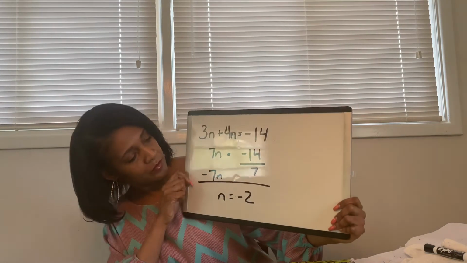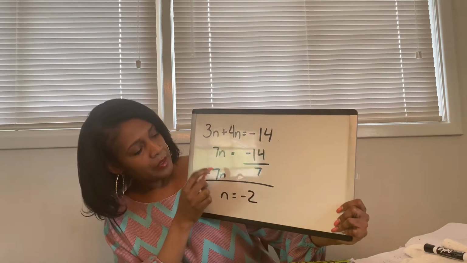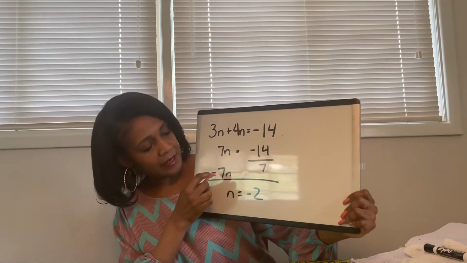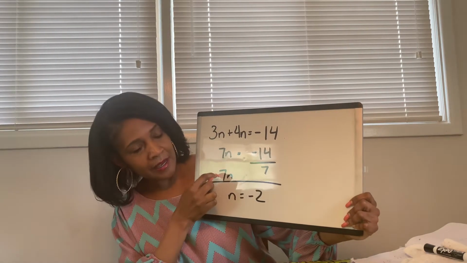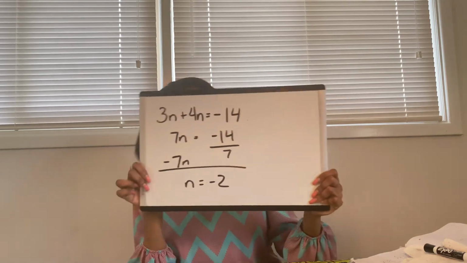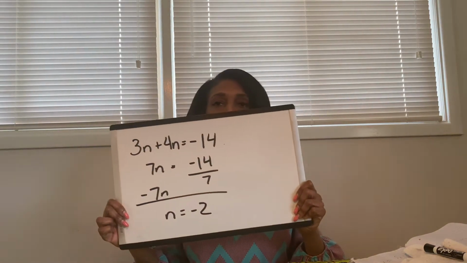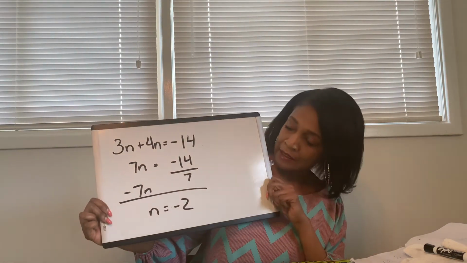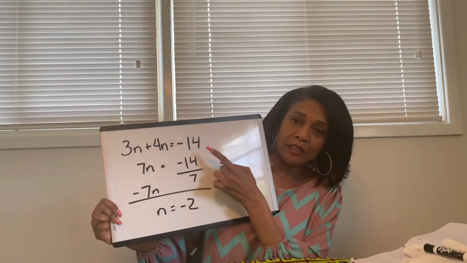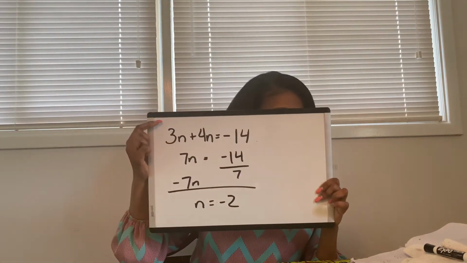So this time we have 7n here, a negative 7n this time, and a 7, okay? If you're confused, the way that we arrived at this 7 is simply when we added 3 plus 4 on our top row.